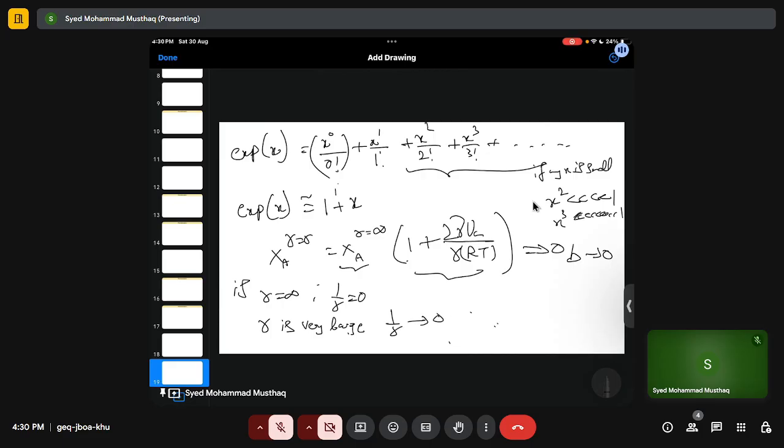It will not be exactly 0, but it is tending to 0. That means we can easily neglect b, so XA at R equals R equals XA at R equals infinite. That's it. Now what happens if my R is small?